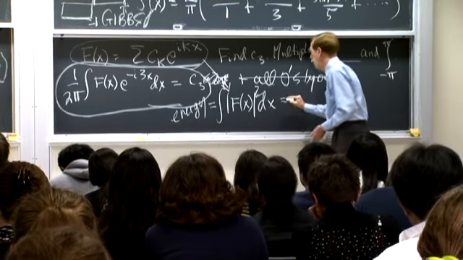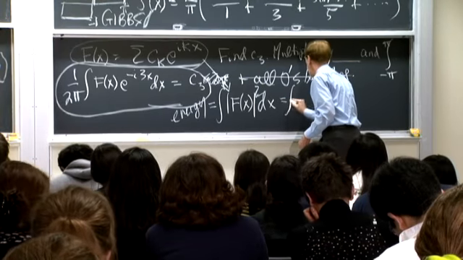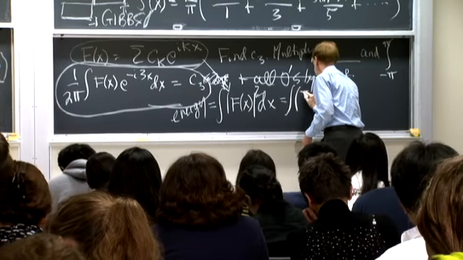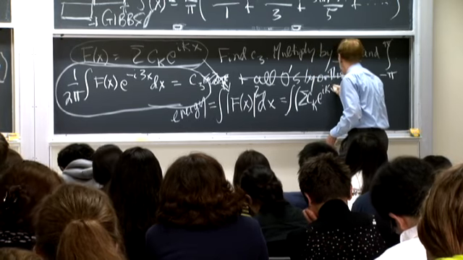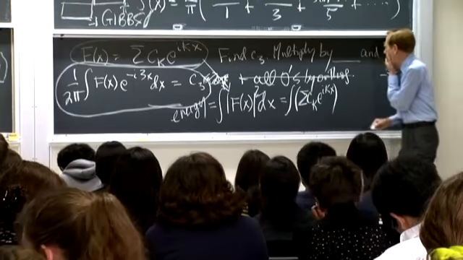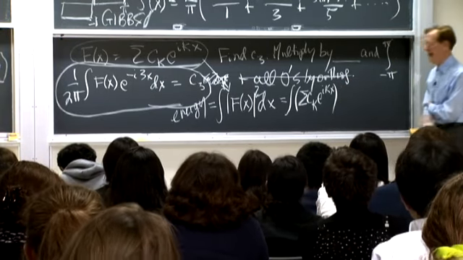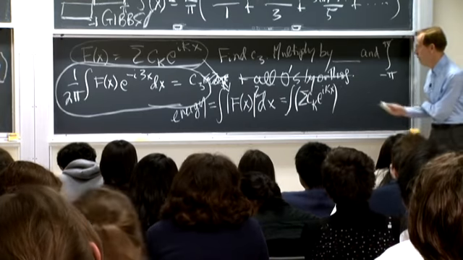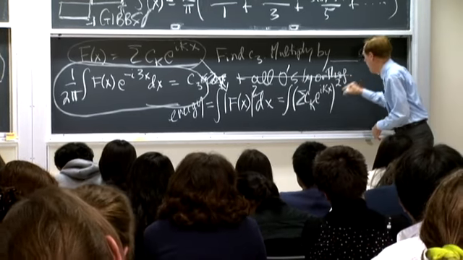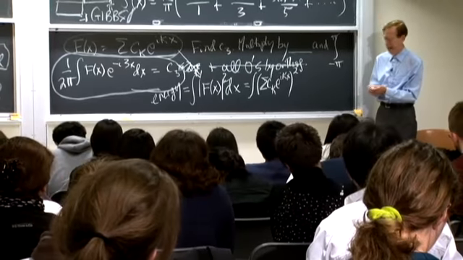What do I do now? I integrate the series, ck e to the I kx squared. Oh no, whoa. If I put a square there, I'm fired, right? What do I have to do? I will put a square there, but I have to straighten out something.